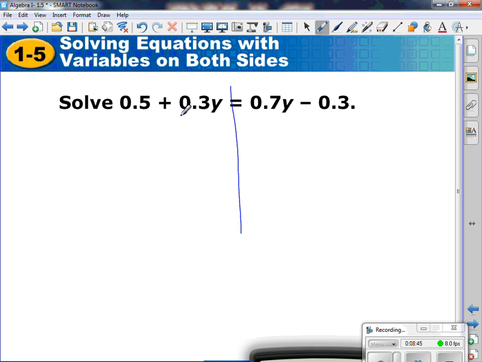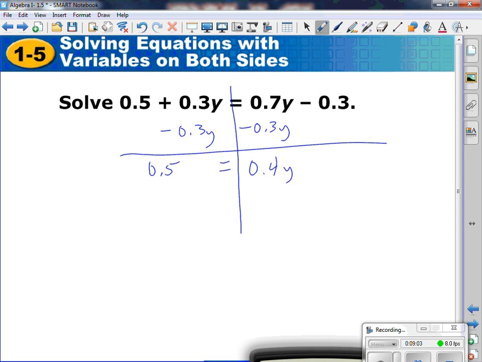I have plus 0.3y, so I'm going to subtract 0.3y. 0.5 equals, what's 0.7 minus 0.3? 0.4. No more calculator needed. Okay?